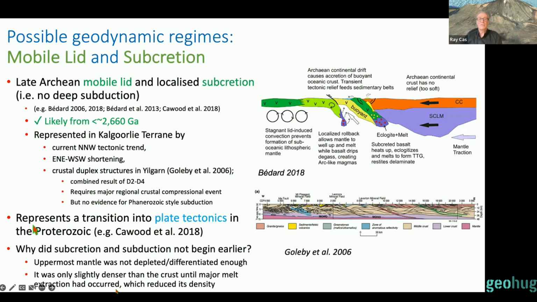And we would suggest that this represents what is known in the literature as mobile lid subcretion type tectonics.